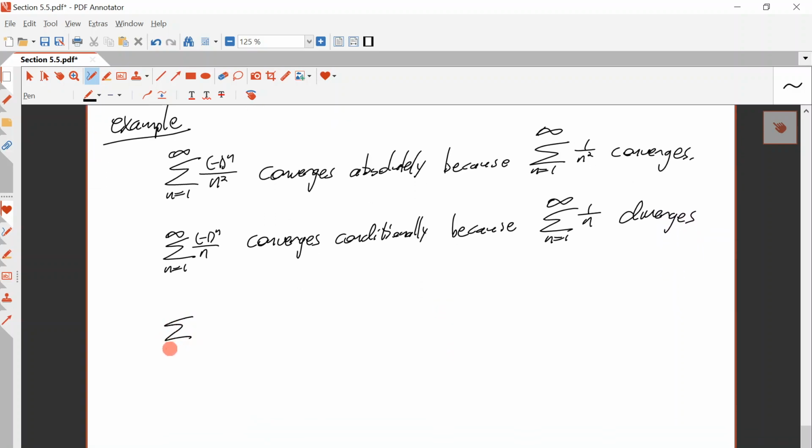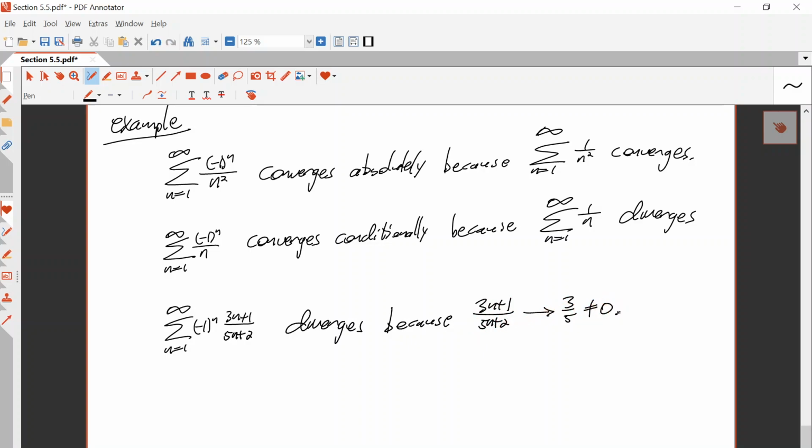And the sum n equals 1 to infinity, something like this. (Minus 1) to the n, 3n plus 1 over 5n plus 2. That one diverges because 3n plus 1 over 5n plus 2 converges to 3/5, which isn't 0.